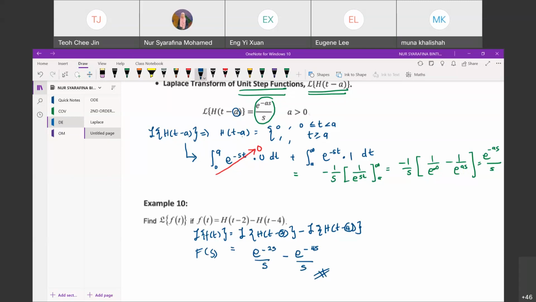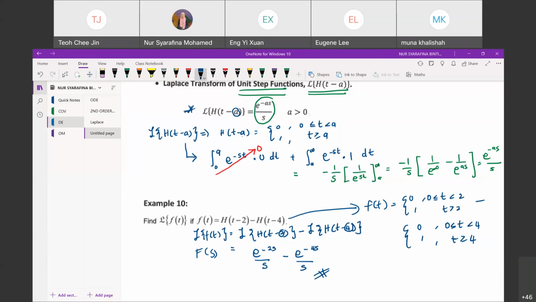Instead, if you don't transform this in terms of the unit step function, you know that this can be written as... without transforming this to unit step function form, you have to integrate one by one by using the definition of transformation. But now you know that this is a unit step function, then you can just use this property.